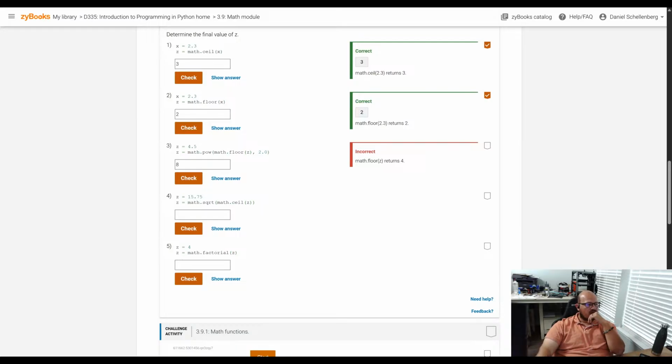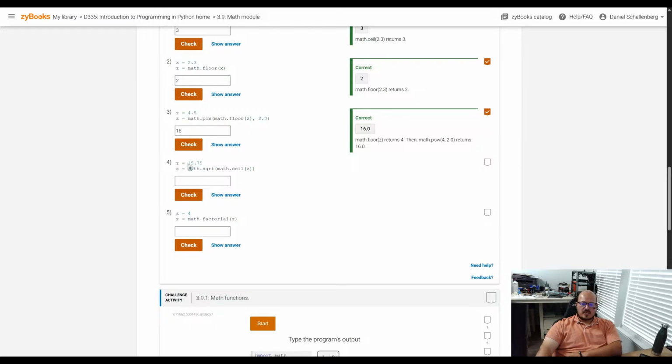How do you figure that out then? So it's 4 times 4. Oh, 4 times 4, which is 16. That's what it is. Okay. Or 16.0, whatever. Return 16. Because what it's saying here basically is it's calling for the power function, and then it is using the floor function to round z down to 4. So now it's saying 4 to the power of 2, and 4 times 4 is 16.